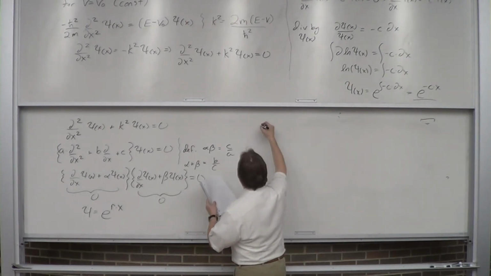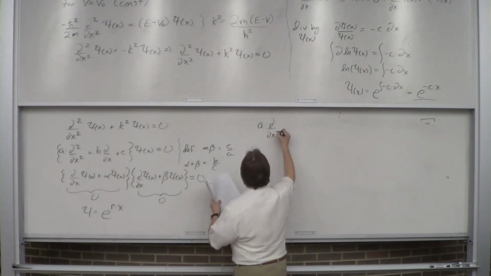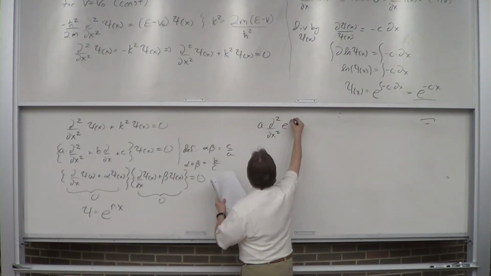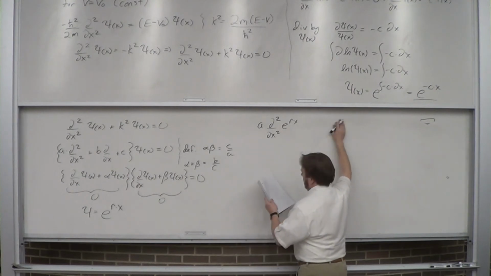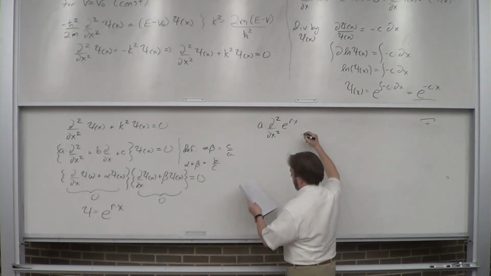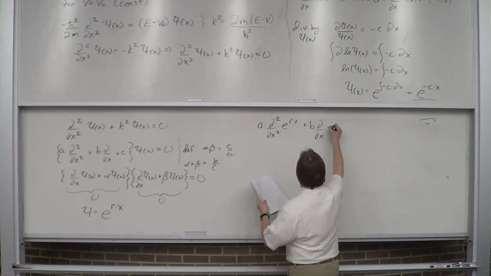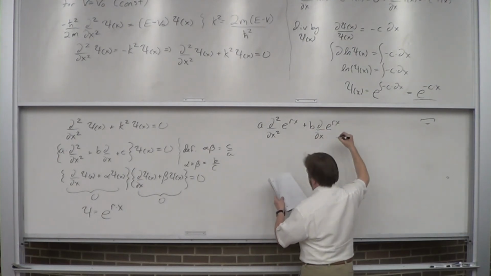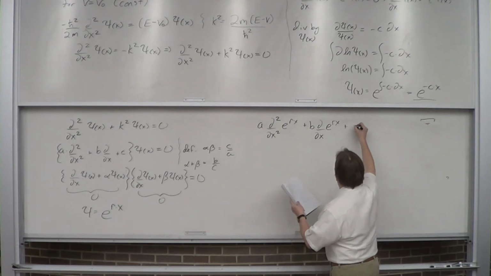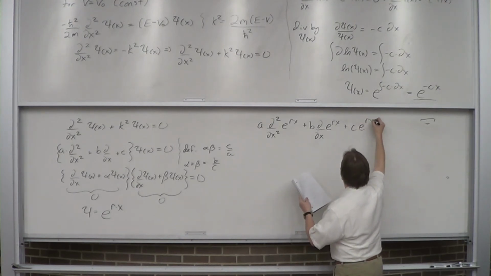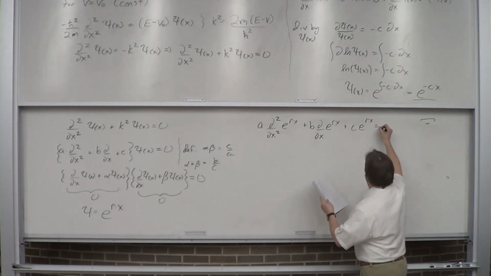So I've got a double derivative of e to the rx, plus b single derivative of e to the rx, plus c e to the rx is equal to 0.